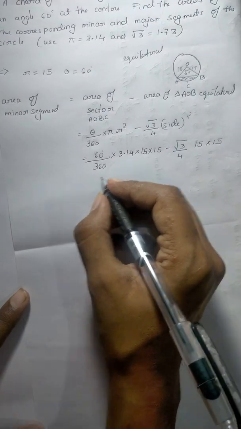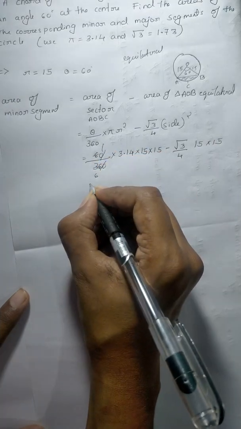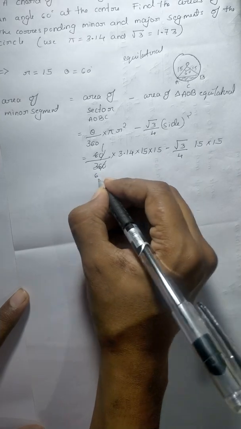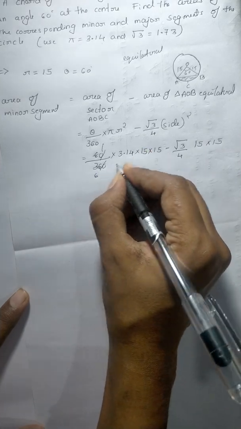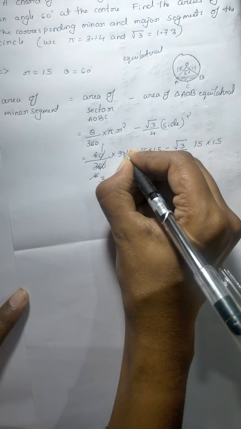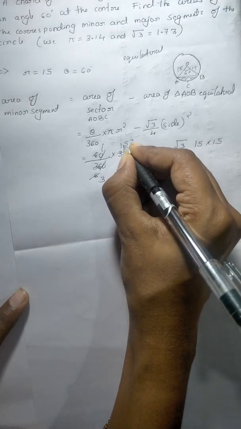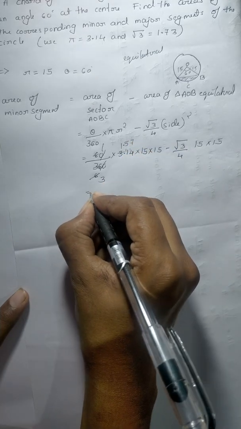So now 0 gets cancelled, 6 1s are 6, 6 6s are. Then again the unit digit is even, so we can cancel: 2 3s are, 2 1s are, 1 remains, 2 5s are, 1 remains, 2 7s are. Two decimals before the point are there, so we'll keep it like that.